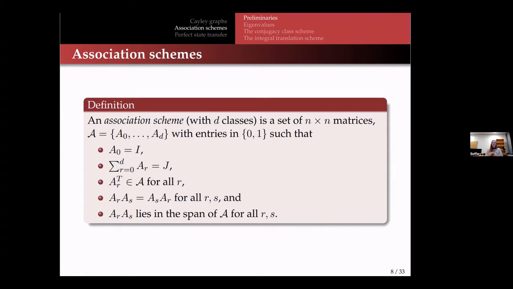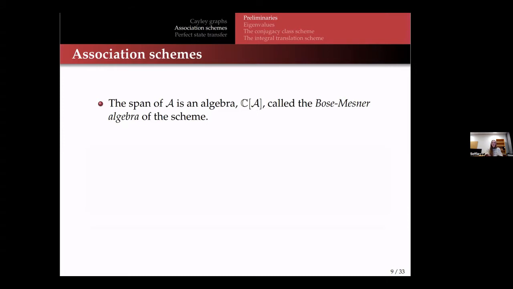And then finally, the product AR AS lies in the span of this set for all R and S. So AR times AS is in the vector space that's spanned by script A. And this actually means that this span is not just a vector space, it's an algebra. We denote it by C of A, and we call it the Bose-Mesner algebra of the scheme.